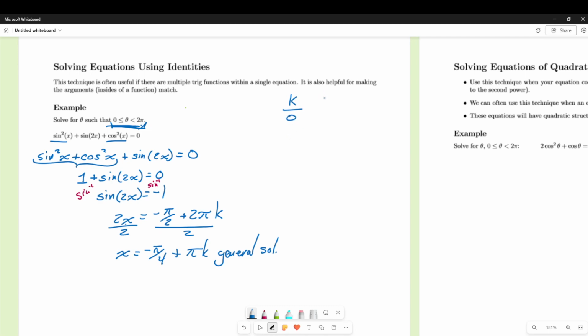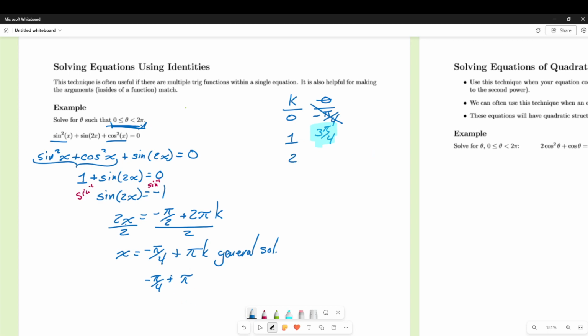If k is equal to 0, our theta would be, well, pi times 0 is 0, so it would be negative pi over 4. And negative pi over 4 is not within that restriction. Okay. K equals 1, negative pi over 4 plus 1 pi is going to give us 3 pi over 4. And hey, that's within our restriction, so that's a solution. Great.